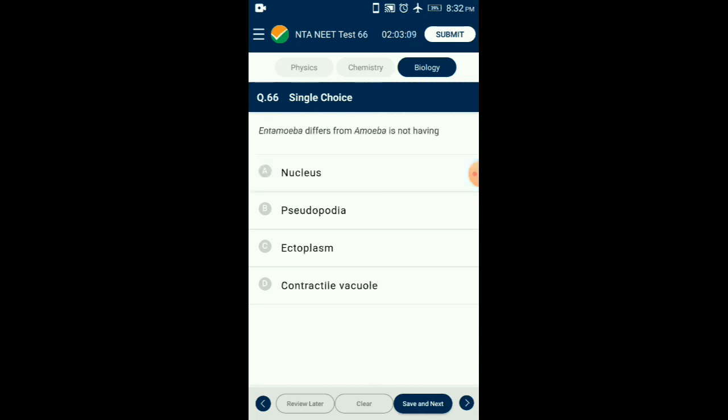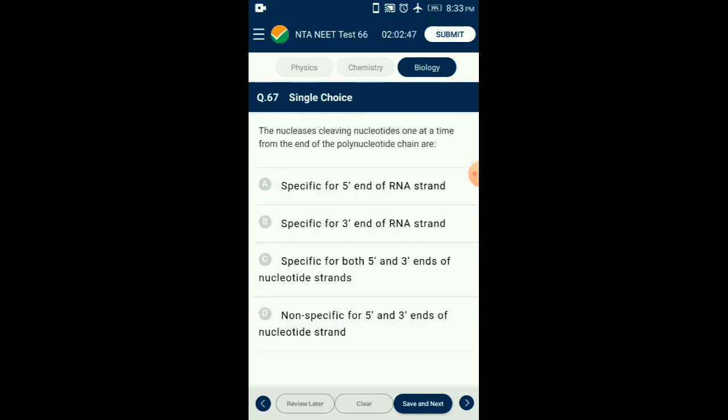Question number 66. Entamoeba differs from amoeba in not having? Absence of contractile vacuole in Entamoeba histolytica is a distinguishing feature from amoeba. So the answer is option D, contractile vacuole. Question number 67.